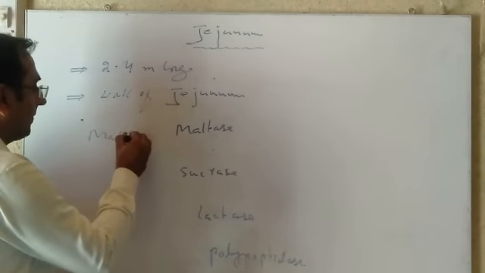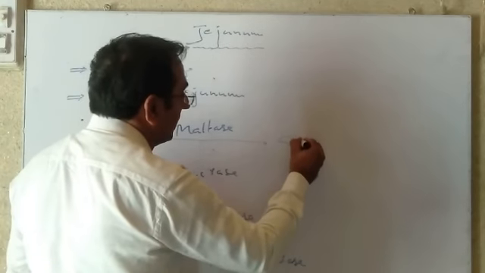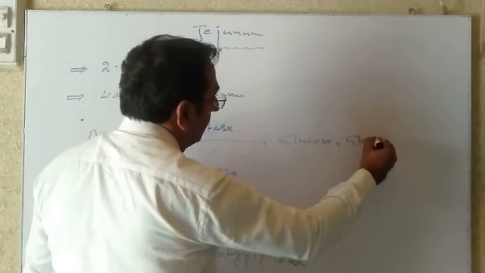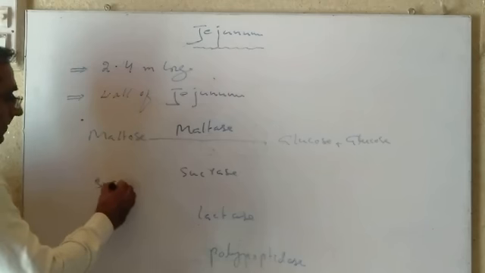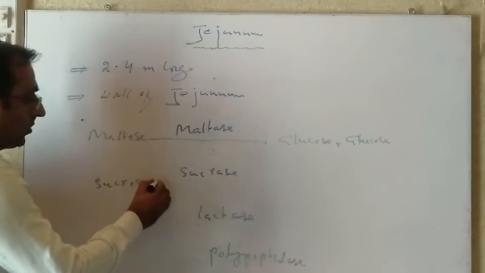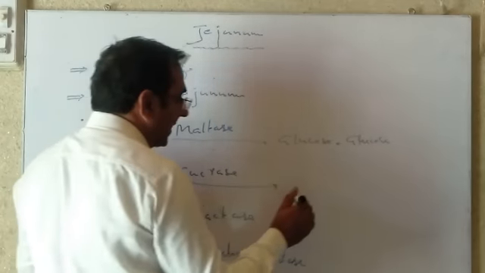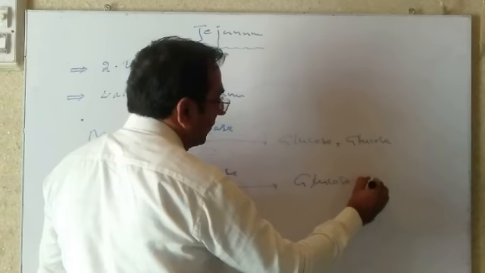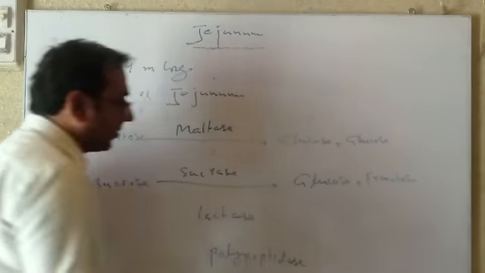Maltase acts on maltose and converts it into glucose. Sucrase acts on sucrose and converts it into glucose plus fructose.